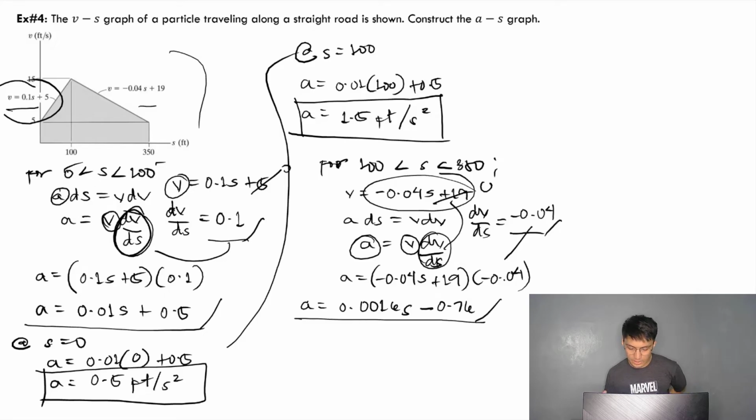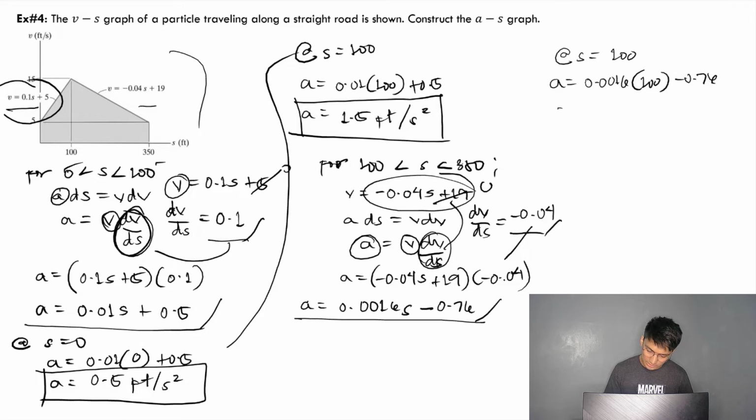And now, ilalagay na natin yung values. At s is equal to 100, acceleration natin is equal to 0.0016 times 100 minus 0.76. Acceleration natin now is equal to negative 0.6 feet per second square.